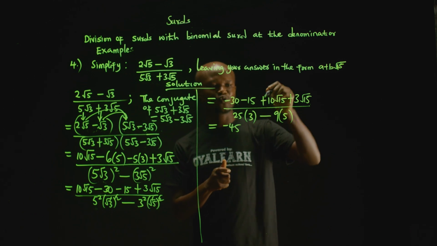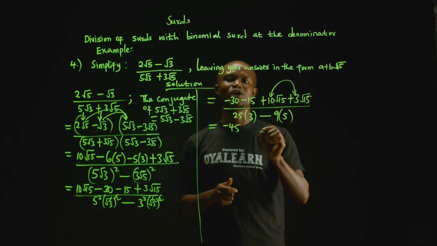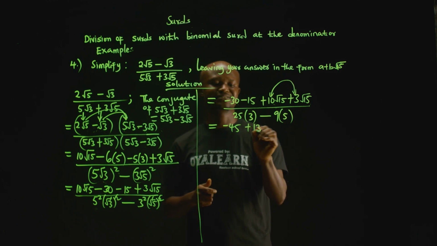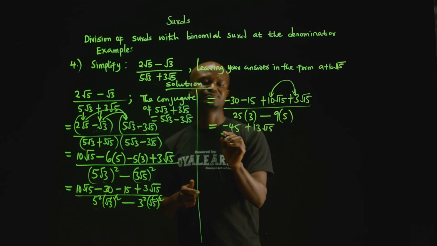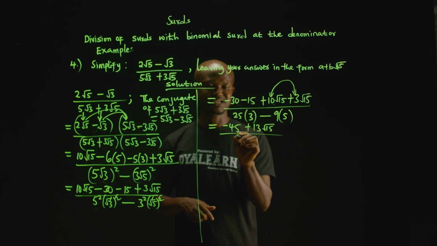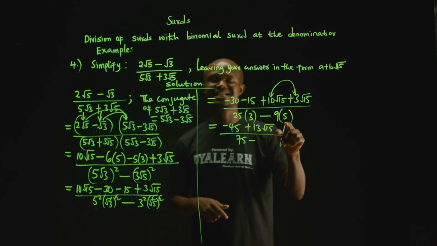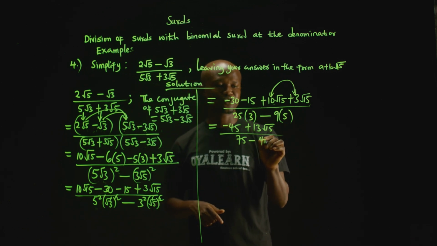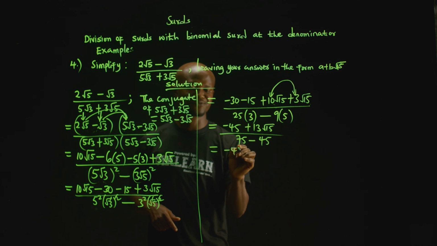We add the coefficients, that's 10 plus 3, which is 13. So we have 13 root 15. Divided by 25 times 3, that is 75, minus 9 times 5, that is 45.